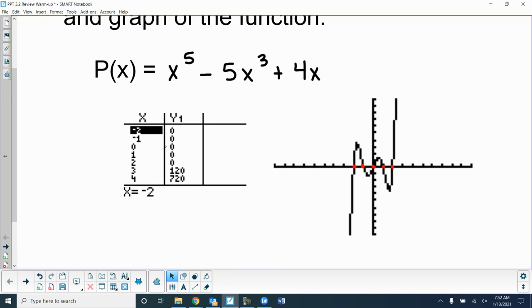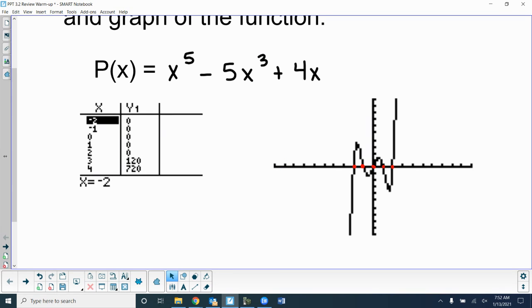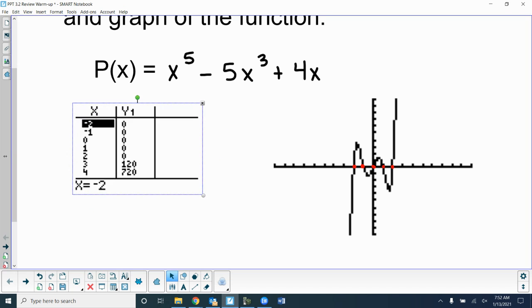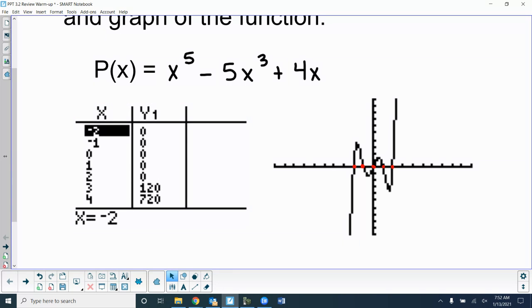So here's the table of values that goes with that. So all those are zeros. Wherever the y is 0, those are zeros. Okay? So that one worked out nice. You didn't have to actually find it using the calculator.